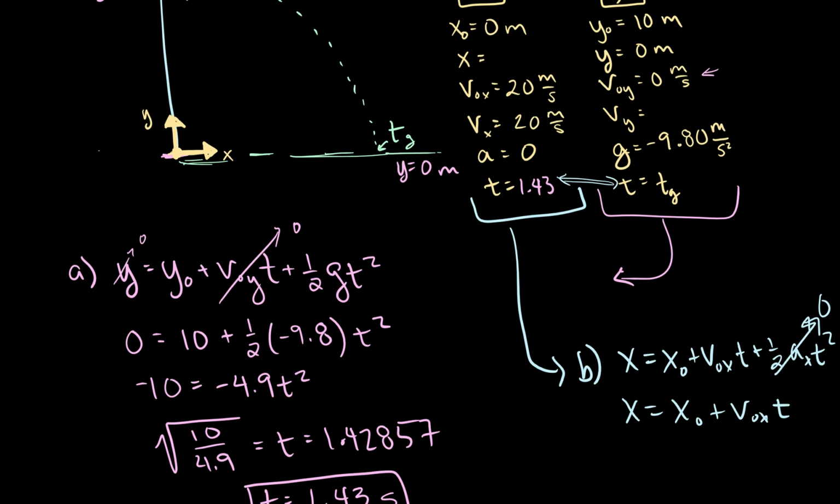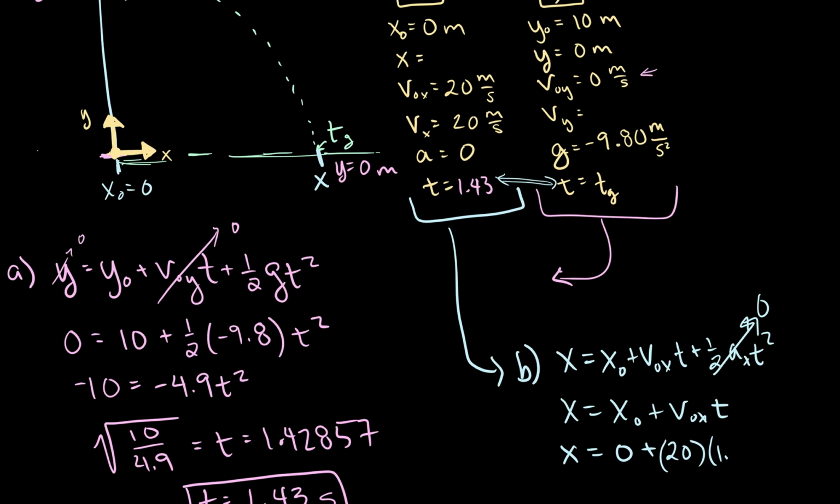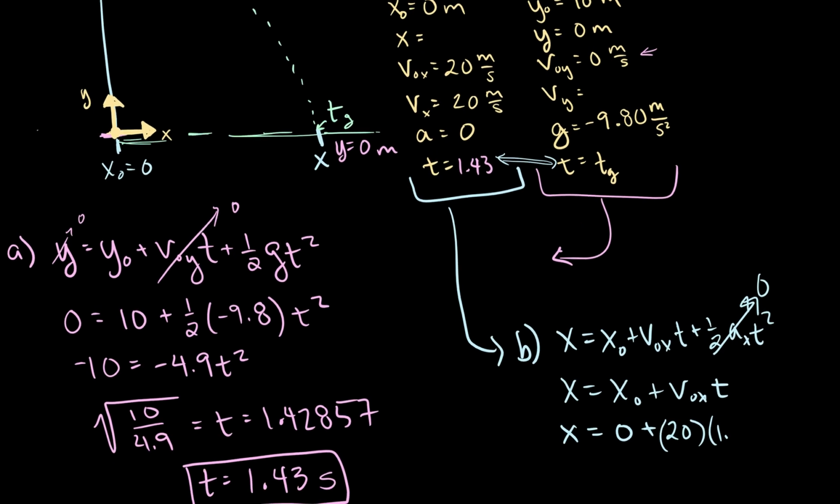Here, x is what we want to solve for. x will give us this location. Our x naught equals 0 when it left the parking garage. So we plug in 0 for x naught. We know v naught x is 20 meters per second. And for time, I'm going to carry out a couple more decimal places because I don't want to accumulate rounding error. So when I plug into this equation, I'm going to use 1.42857.